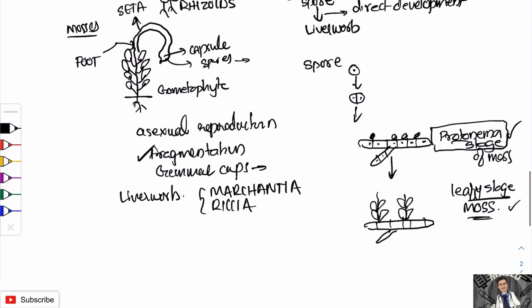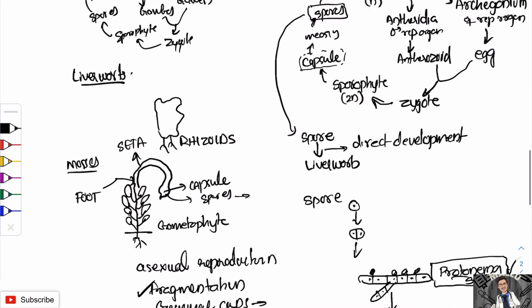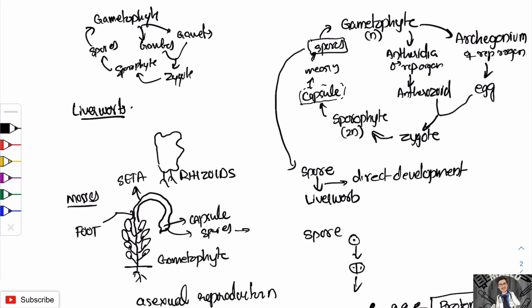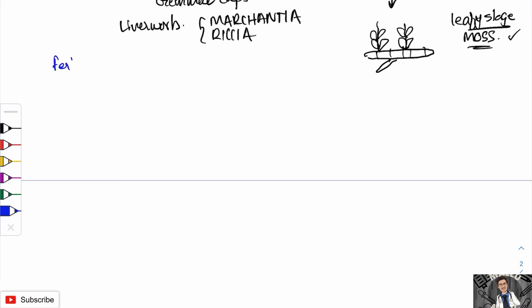Another fascinating thing about bryophytes is that they are also called the amphibians of the plant kingdom. Why do you think so? Because they require a water medium for their fertilization. The fertilization takes place within the archegonium of bryophytes.